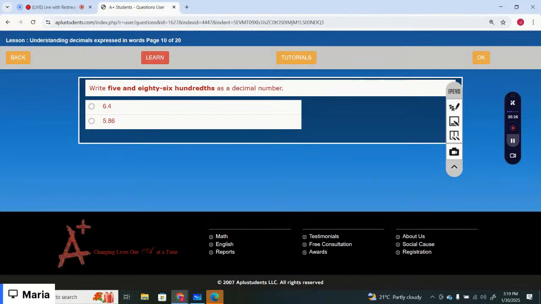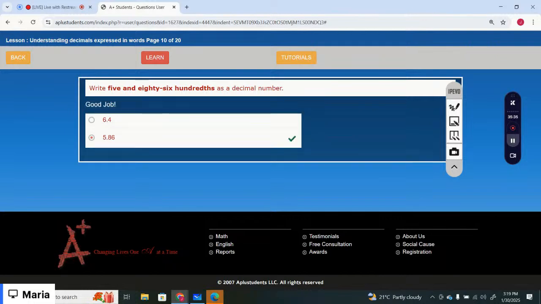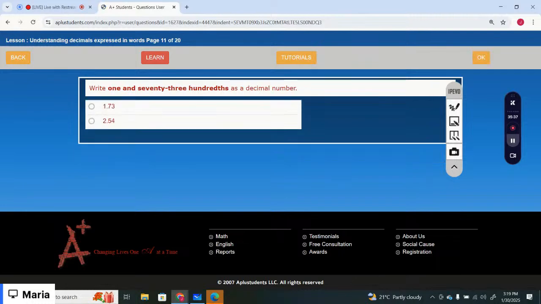Option 2 is the correct option. That is 5.86. Option number 2 is the correct option. Write 1 and 73 hundredths.